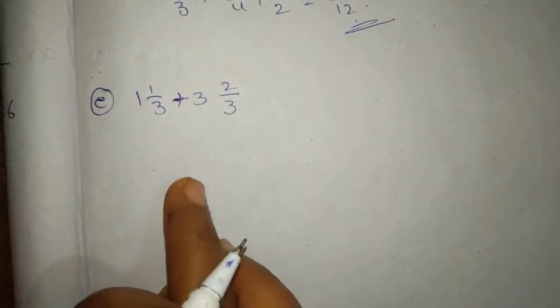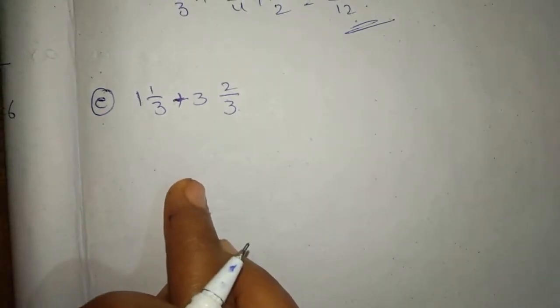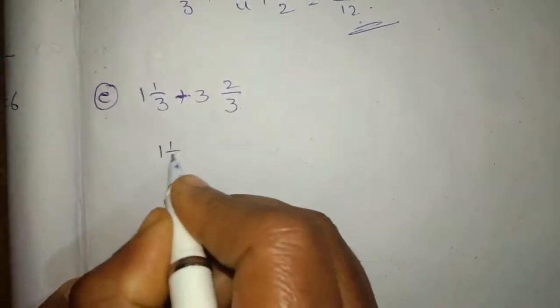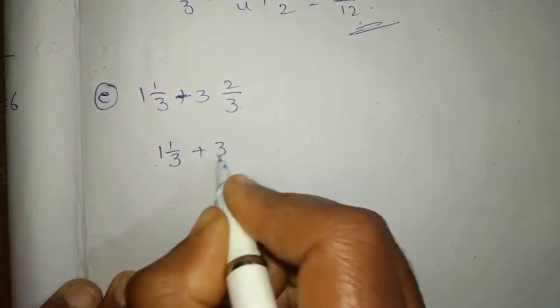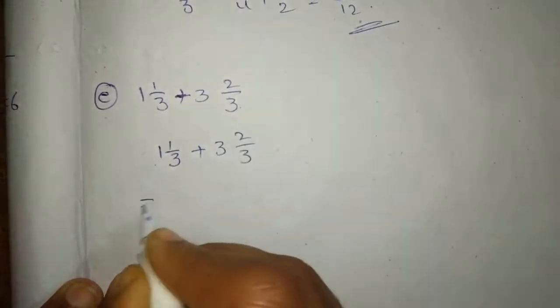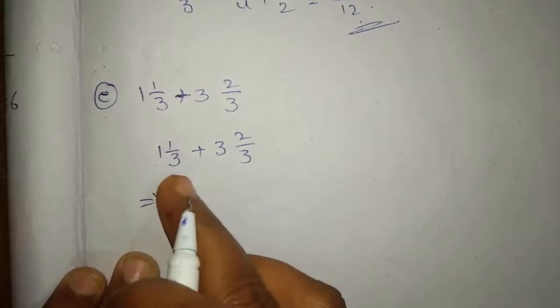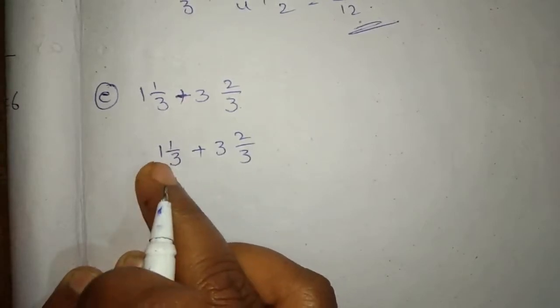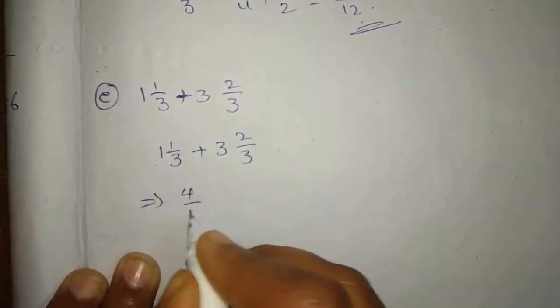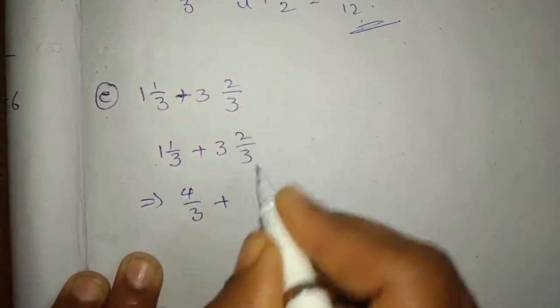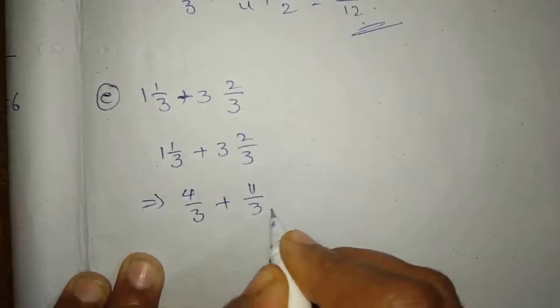So first let us convert the given mixed fractions into improper fractions. So 1 by 3 plus 3 2 by 3 is equal to: first 1 by 3, 3 ones are 3 plus 1, 4 by 3, plus 3 threes are 9 plus 2, 11 by 3.